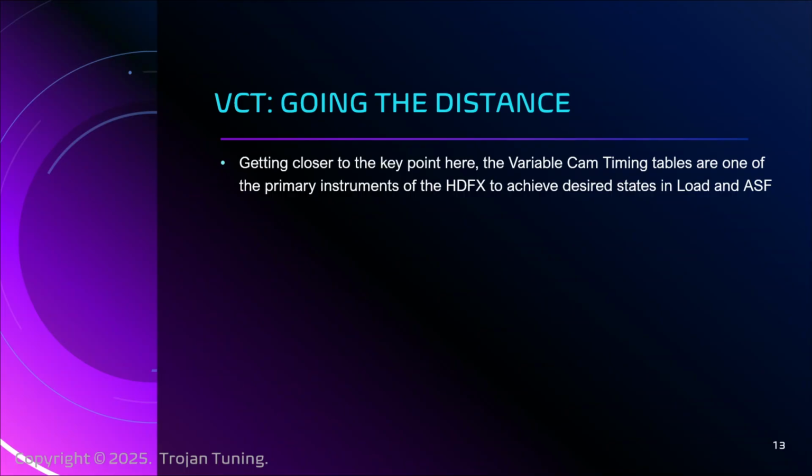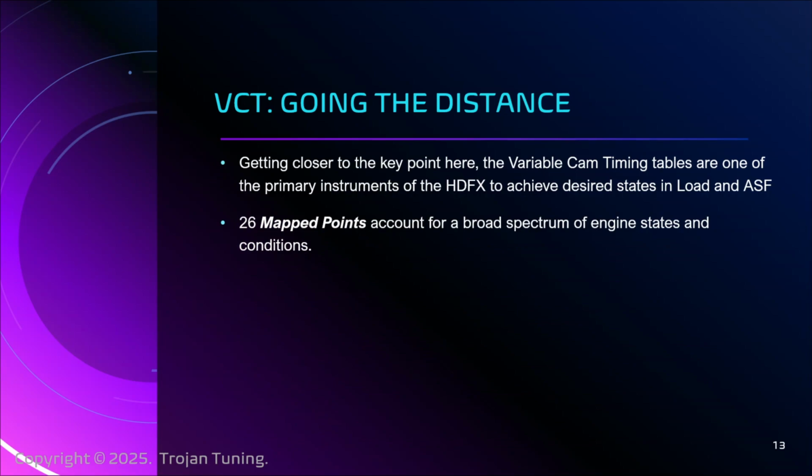Those cams are one of the big tools that the HDFX has to manipulate a number of different settings, airflow, the intake manifold runner control, or all kinds of little things that it can do and move using the phasers. Remember we talked about that, to move through 26 mapped points. And those 26 map points account for the broad spectrum of engine states.